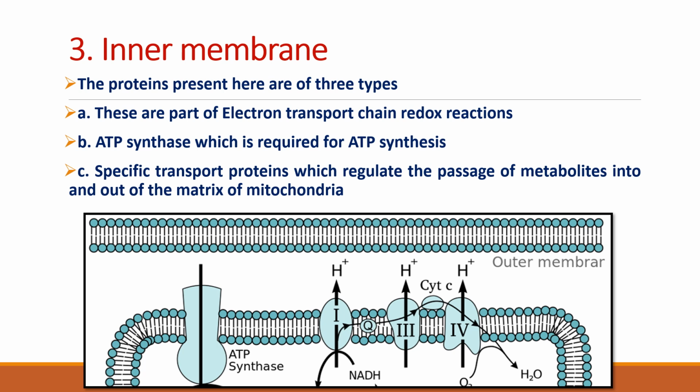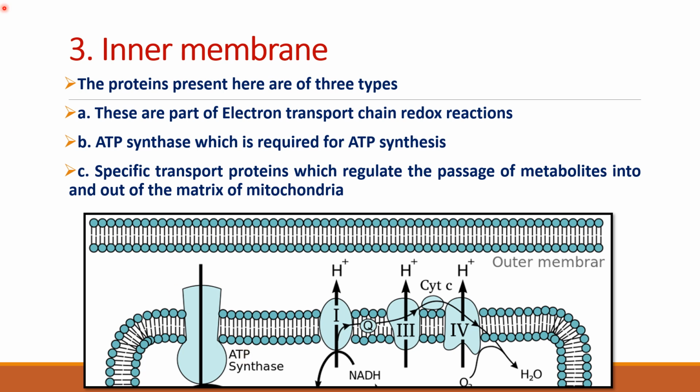Inner membrane. So this inner membrane of the mitochondria has three different types of proteins. First are the proteins that are a part of the electron transport chain redox reactions. Then you have the ATP synthase, which is required for the synthesis of ATP. You also have many specific transport proteins that regulate the passage of metabolites into and out of the matrix of the mitochondria.